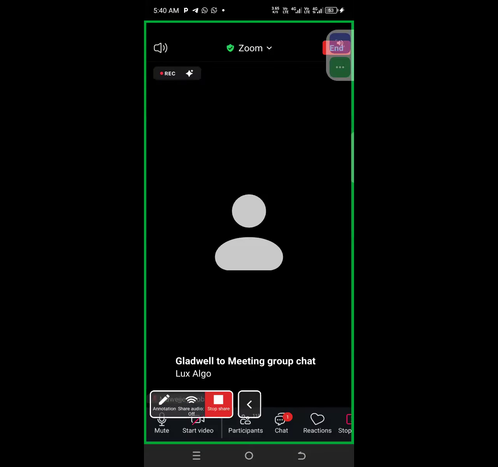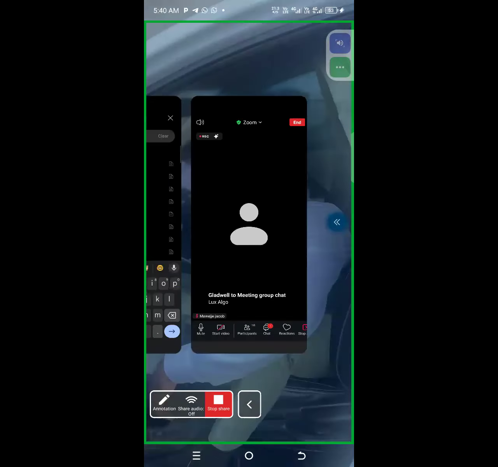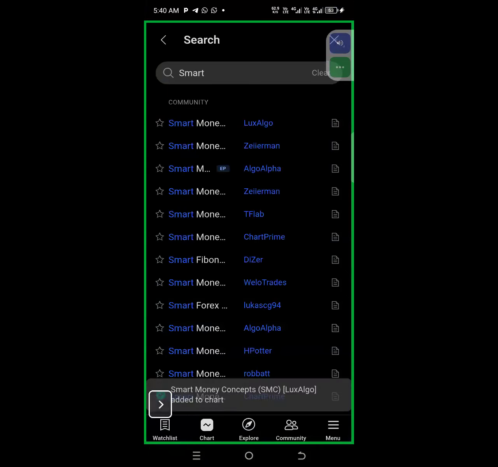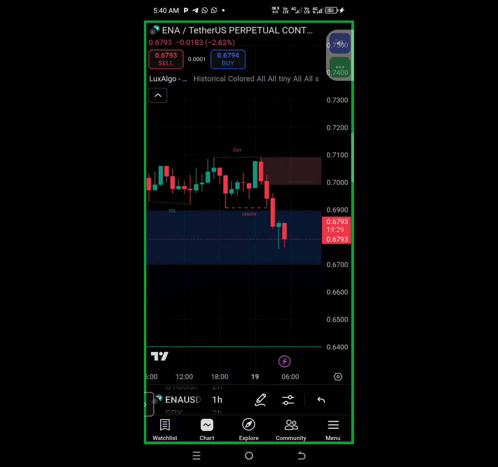Okay. All right. That is great. So let's proceed. Let's quickly tap on it smoothly. Very good. We added it. Now we have our chart here. Very nice chart.